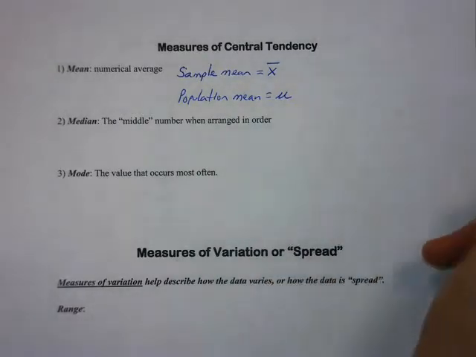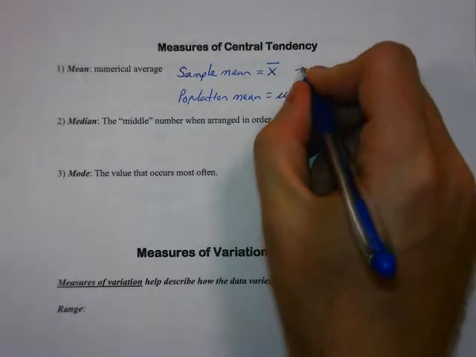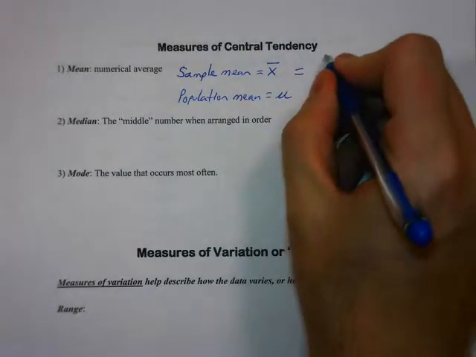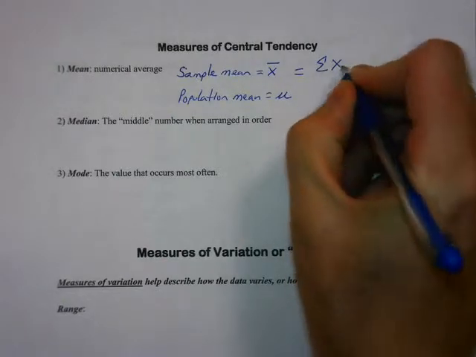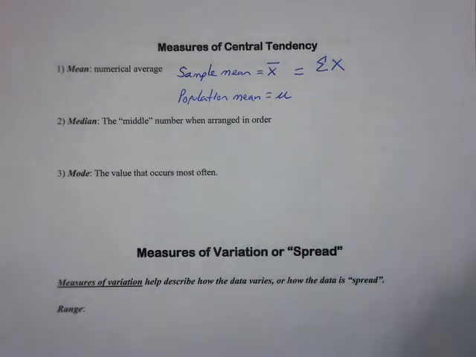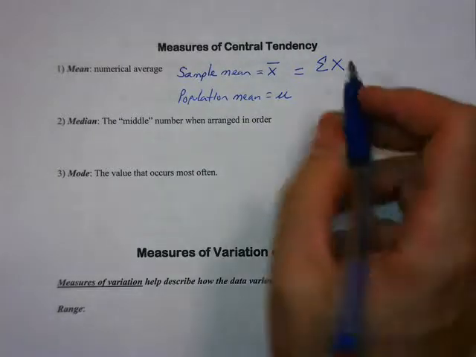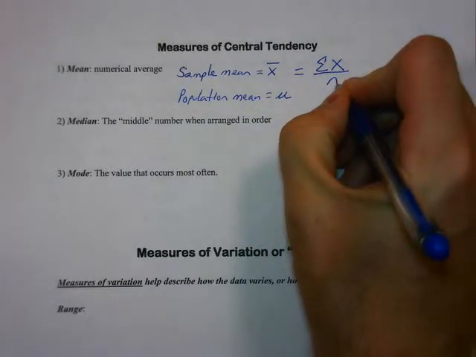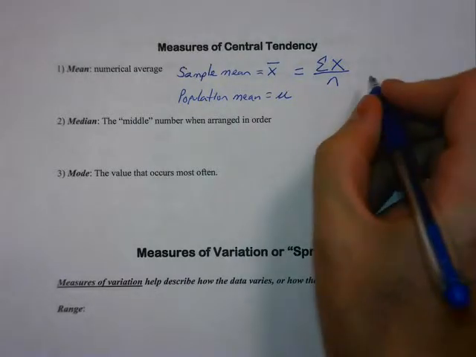Now the good thing is that basically you find them in the same way. What you do is you add up all the x values, so you sum the x values. That symbol means sum. So you add up all the data values and divide by n, which is the number of data values.